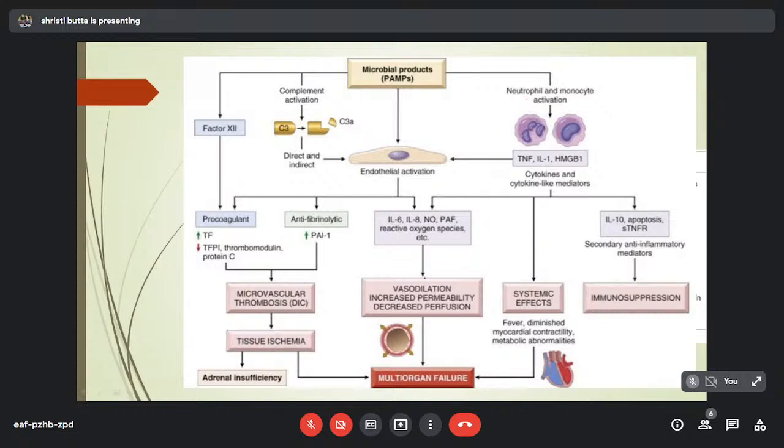In addition, these interleukins have the propensity to cause vasodilatation, increased permeability, a decreased perfusion, and subsequently a multi-organ failure. So yes, we have decoded sepsis, right? So this is the pathway that is completely involved in sepsis. And these are the cytokines that are actually important for all of us to know.